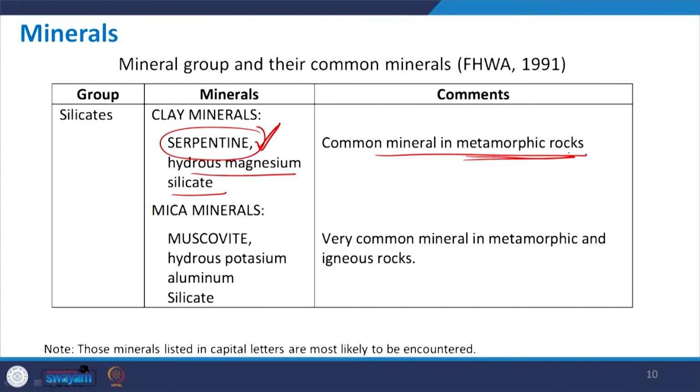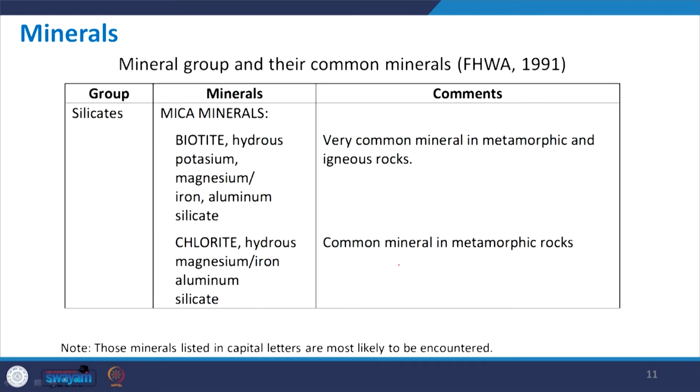Then the next category of mineral in silicates deals with mica material, which is muscovite, a most commonly occurring mineral, and this is common in metamorphic as well as igneous rocks.